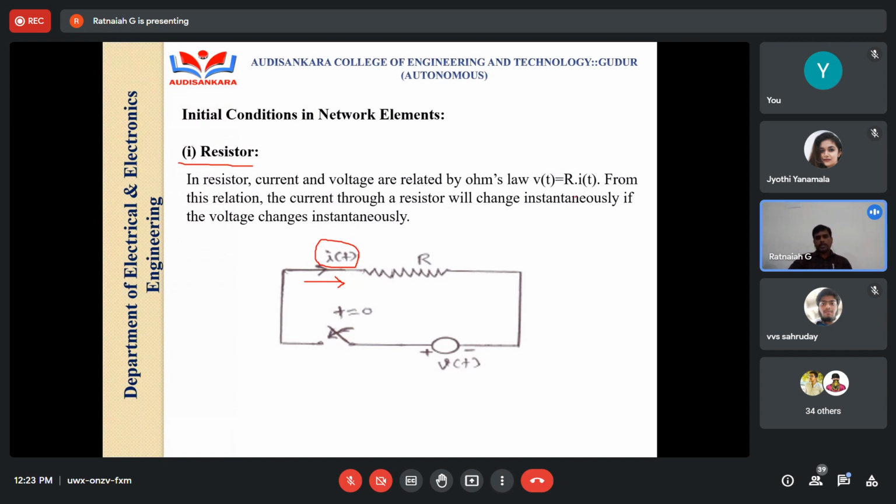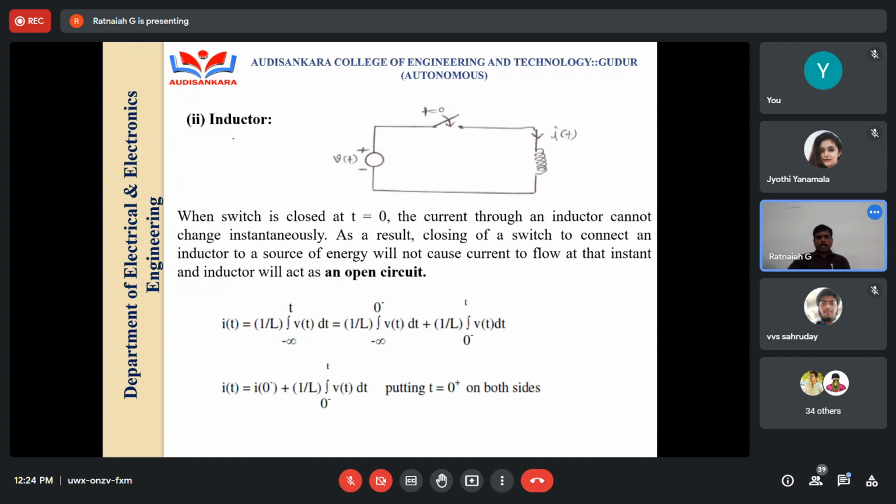It cannot store energy. So the initial and final conditions are not applicable for the resistor, because it has a constant value and does not store energy in the form of either an electric field or a magnetic field. So it does not have any initial value or final value, and we do not consider initial or final conditions for a resistor. No need to consider. Coming to the inductor.